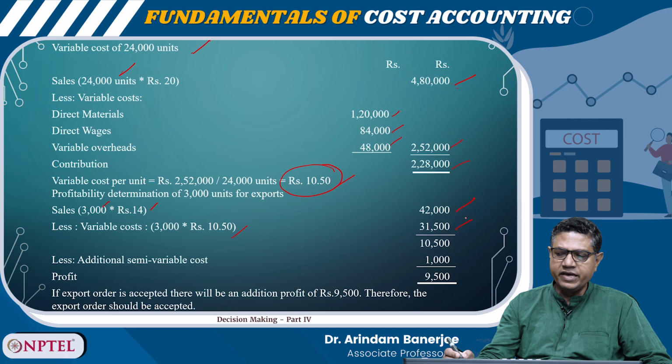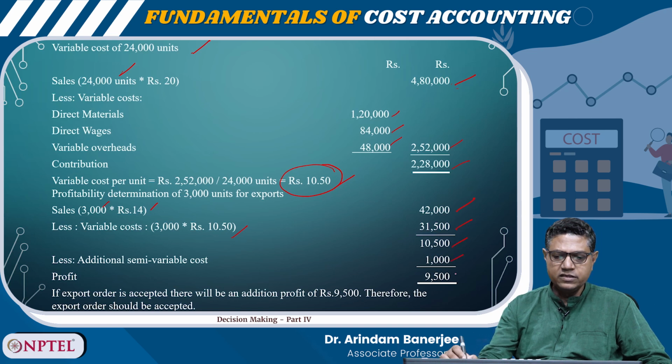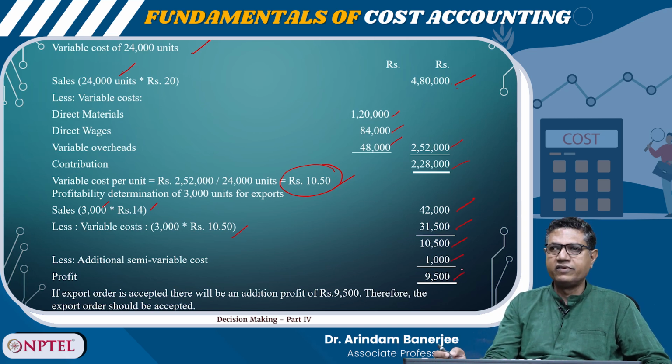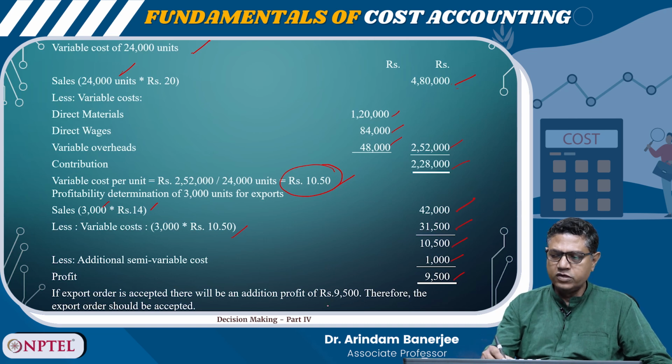If I deduct, it is 10,500, less additional semi variable cost 1,000. So, profit is 9,500. If the export order is accepted, there will be an additional profit of 9,500, therefore, the export order should be accepted.